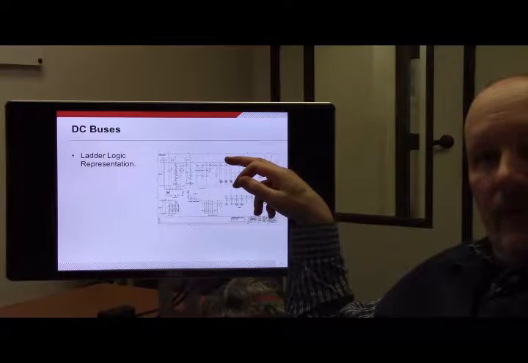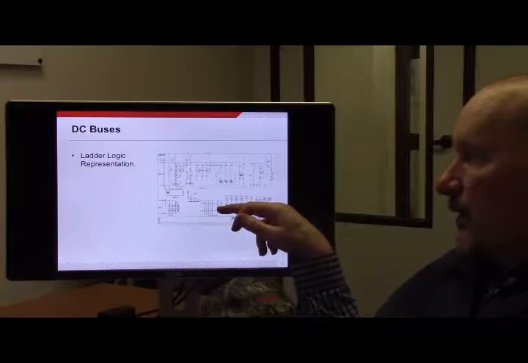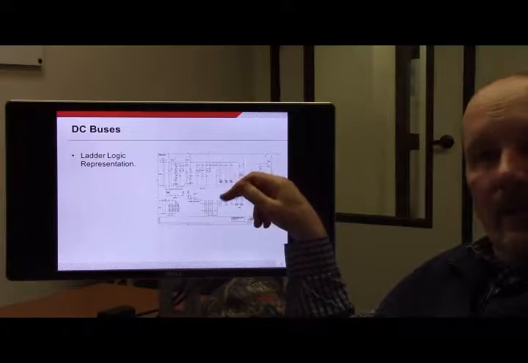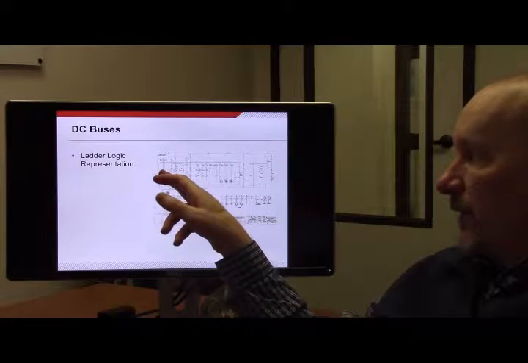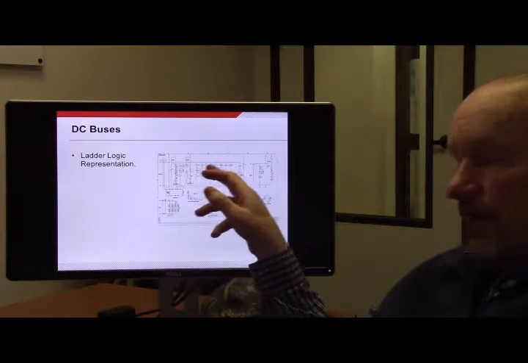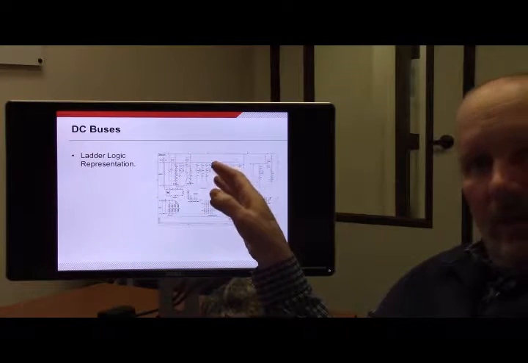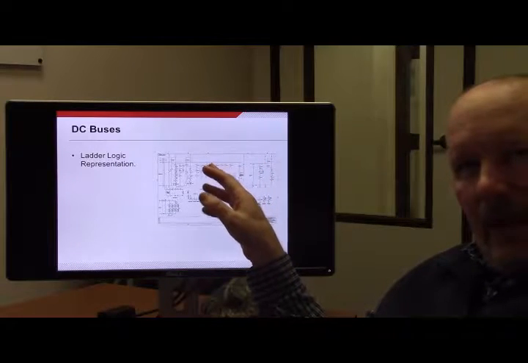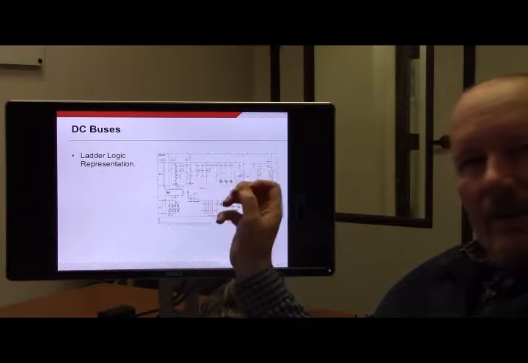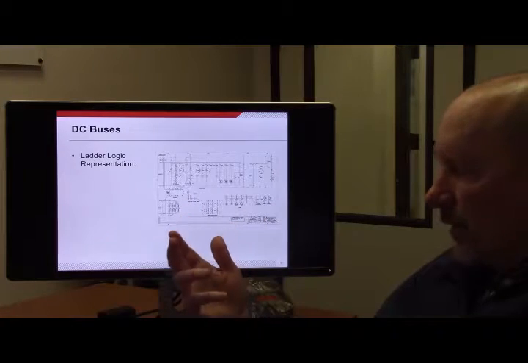So there's a positive DC bus and a negative DC bus shown. And then the various connections between the two go through various contacts and coils and other gizmos and gadgets. And that's how we execute the logic that actually makes the circuit breaker work.